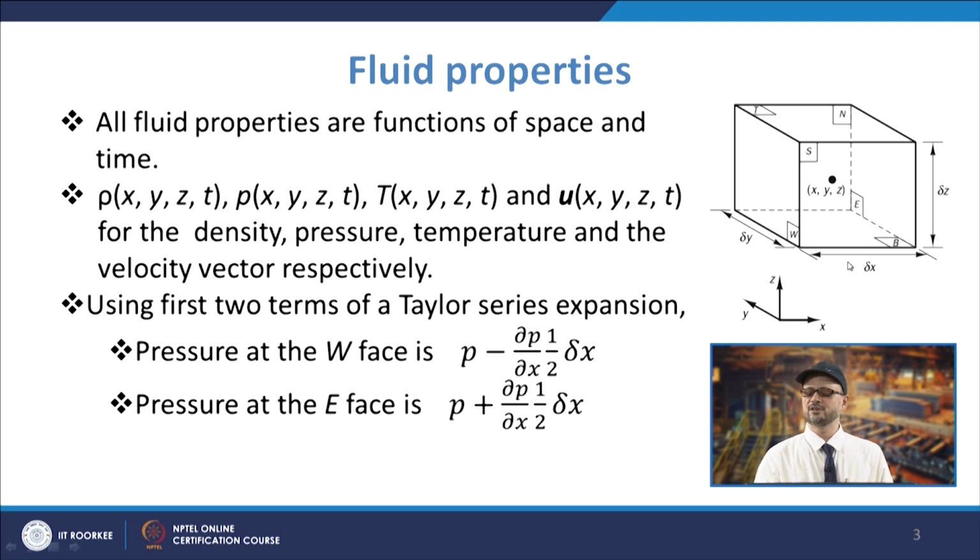Delta x is the length of the whole element, and this point is at a distance of delta x by 2 from the west face. So it will be P minus dou P by dou x into half of delta x. Similarly, pressure at the east face will be P plus dou P by dou x into half of delta x.